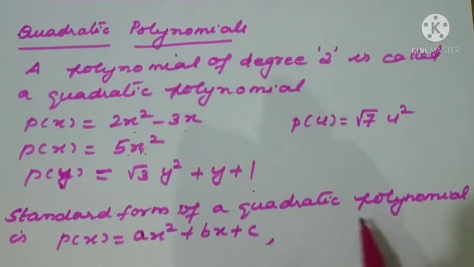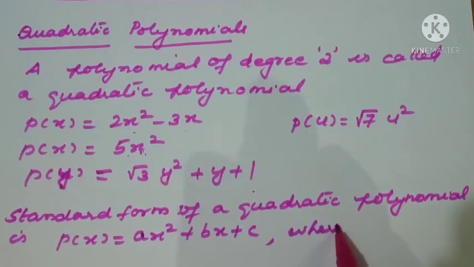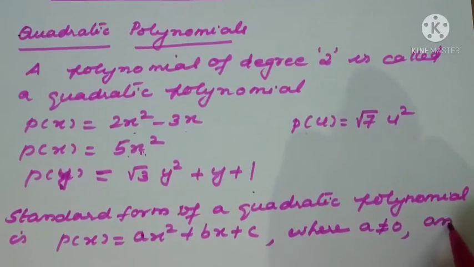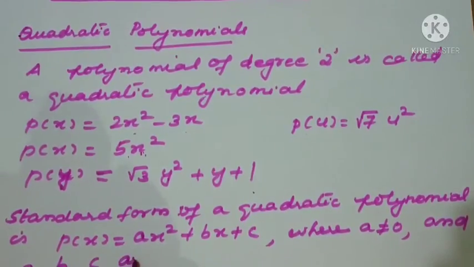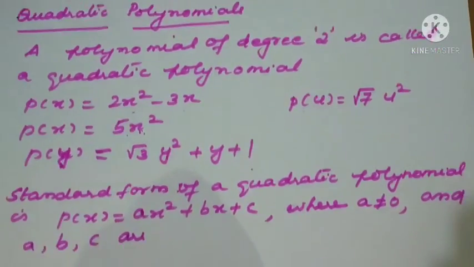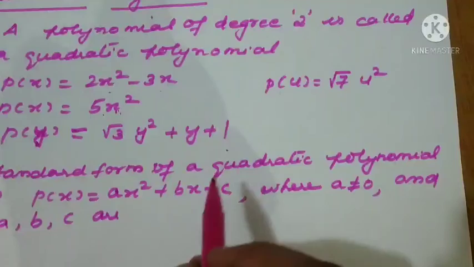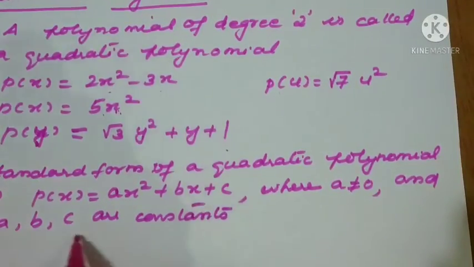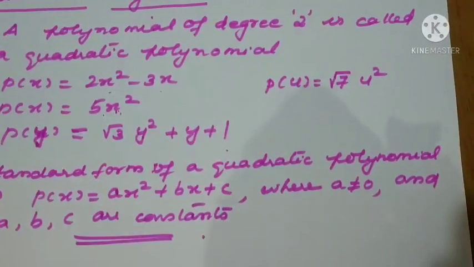Now what is the condition? The coefficient of x square is not equal to 0, where a not equal to 0 and a, b, c are constants. So this is the standard form.